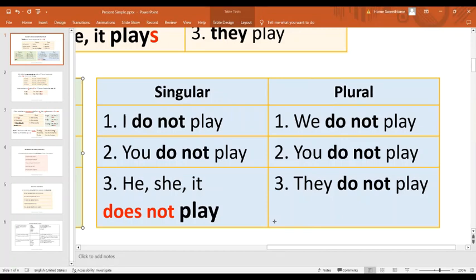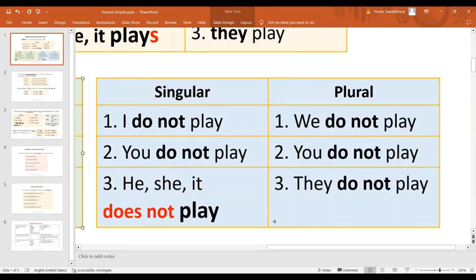Negative, which means no, when we deny something. Again, we have singular and plural, we have the same pronouns, and we have the same rule of third person singular.